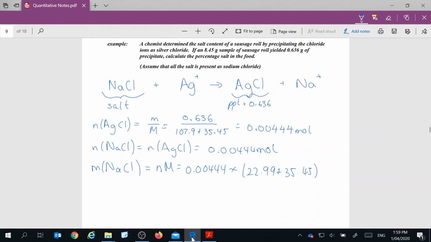Okay, so we get 0.259 grams. So that's the mass of salt in the sausage roll.